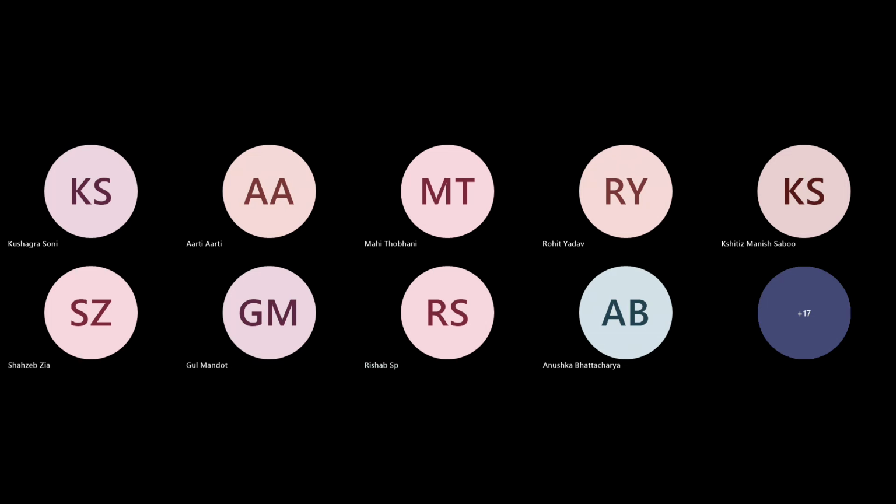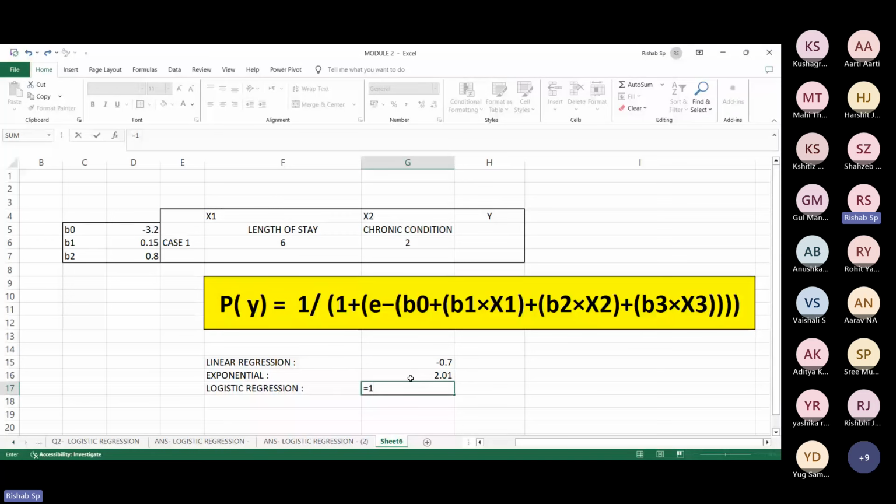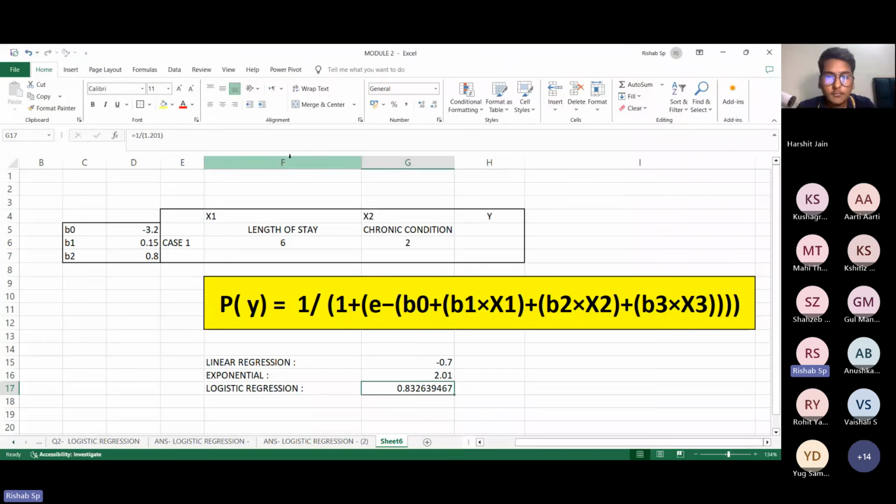Next is 1. Is there any option like 83%?